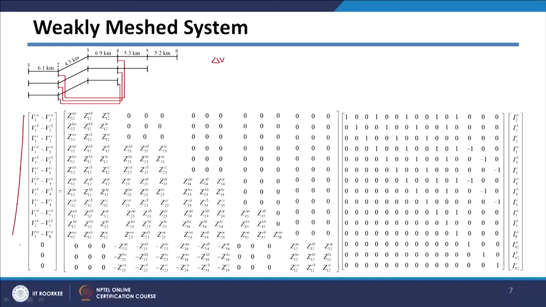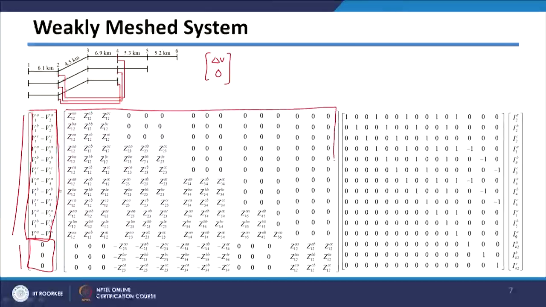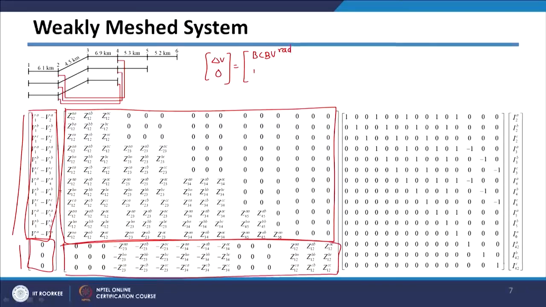This is having two parts, that is delta V and 0. So, this is corresponding to 0 and this is corresponding to delta V. So, this is delta V here, and this part of the BCBV matrix we have considered is corresponding to the radial system, and this part of BCBV we have considered the loop system.